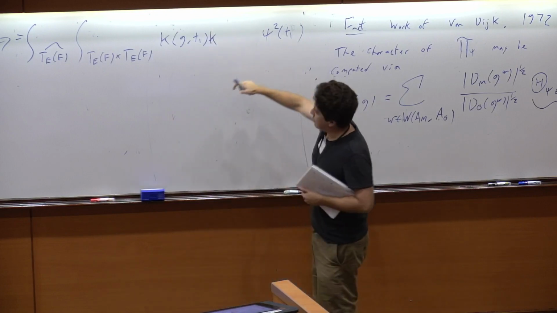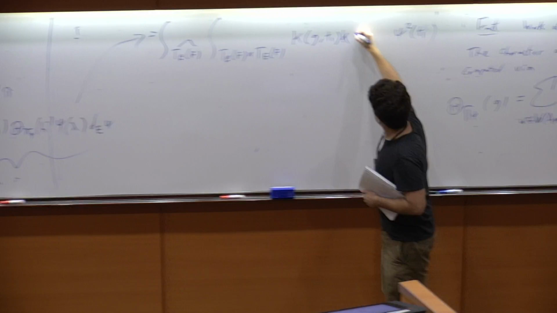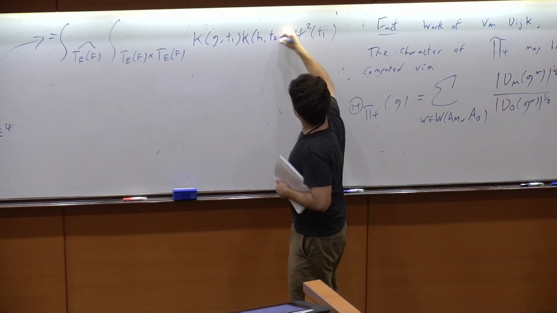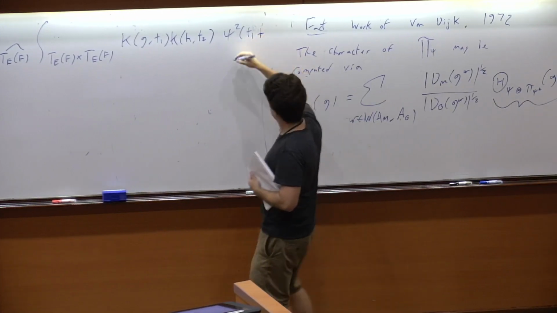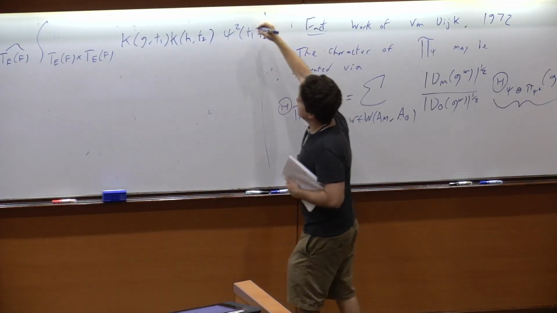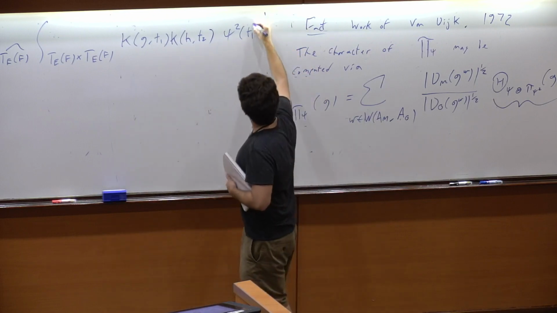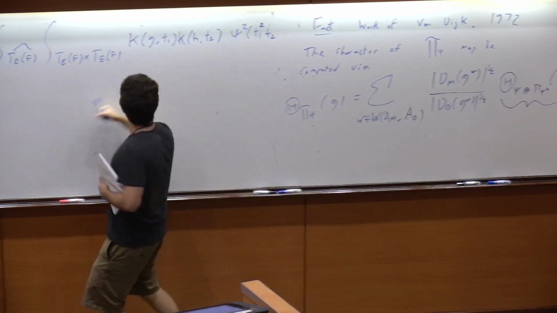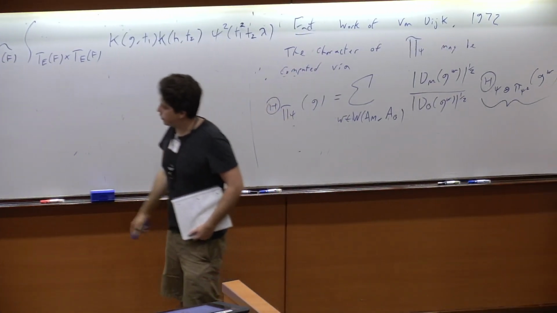And then I can also do the same thing. I can replace this character here with the kernel here, and also introduce this guy. Oh, and of course T1 needs to be squared because we're using the character squared, and then we also have this guy lambda here coming along for the ride.